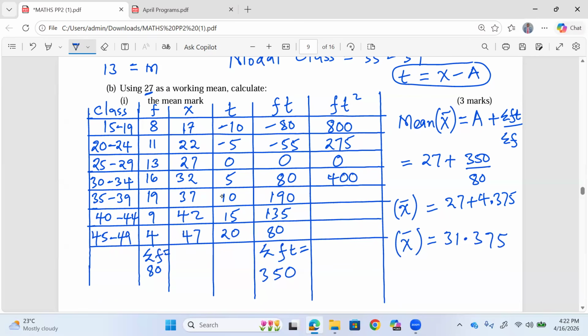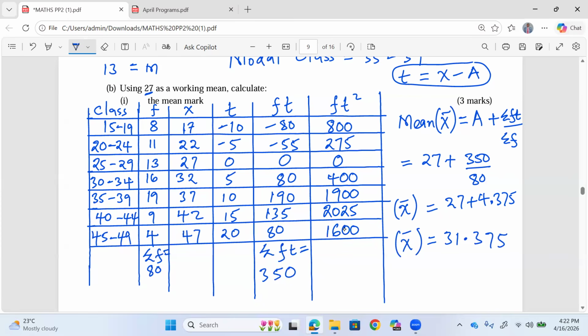Then we have 10 squared, that's 100. 100 times 19, 1900. 15 squared, then after squaring 15, I multiply it by 9. 2025. Then 20 squared, and I multiply 20 squared by 4, I get 1600.